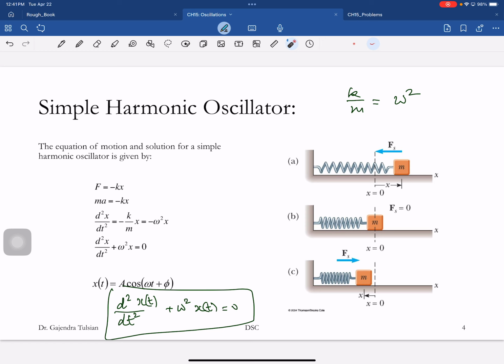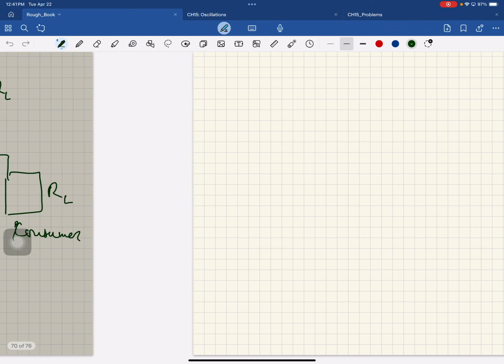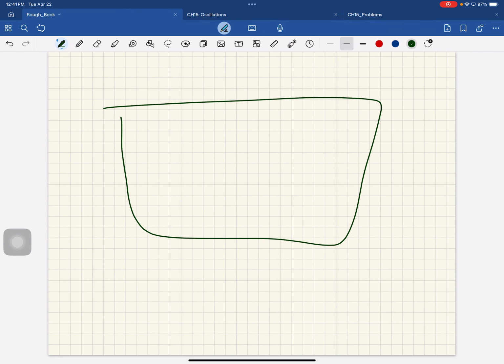You can apply it to a predator-prey system. So here is a savanna, and you put a bunch of lions, and you put a bunch of wildebeest. Let's say this is the population of lions as a function of time. This is the population of wildebeest as a function of time.